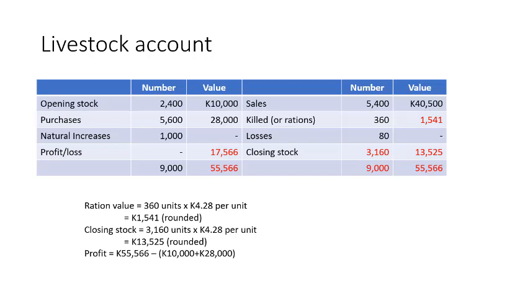Then compare it with the opening stocks and the purchases. The difference will be the profit. So we have the total 55,566, and then deduct the opening stocks and purchases.